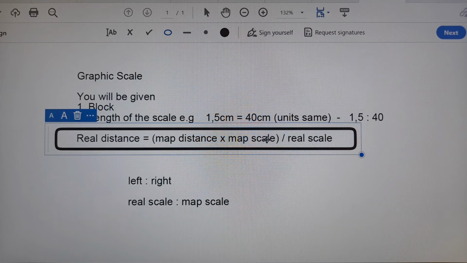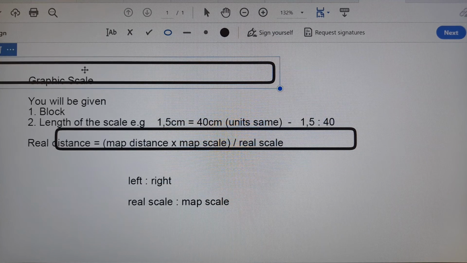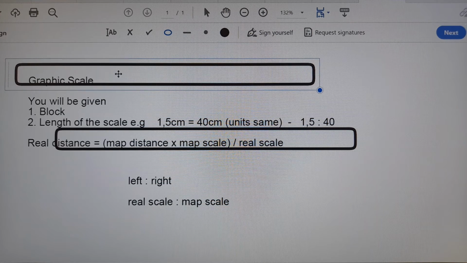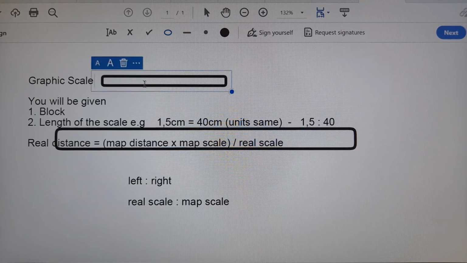But with the graphic scale, real distance is equal to the map distance times the map scale divided by the real scale. Always, please take note. This is applicable for graphic scale.